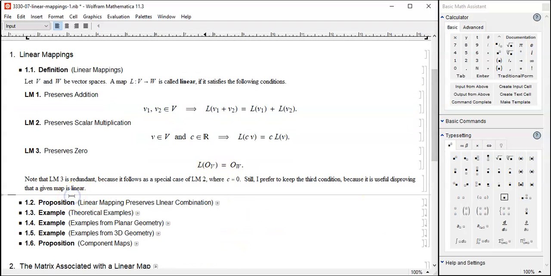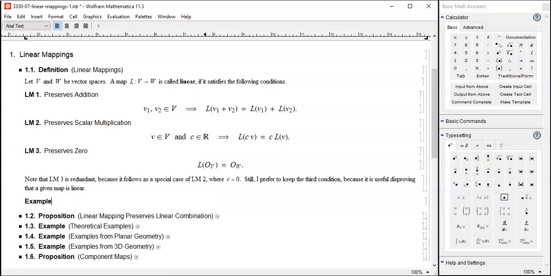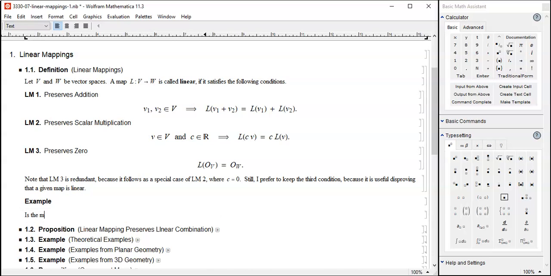For example, let me cook up a problem. If f of x equals 3x plus 1, is it a linear map in R1?